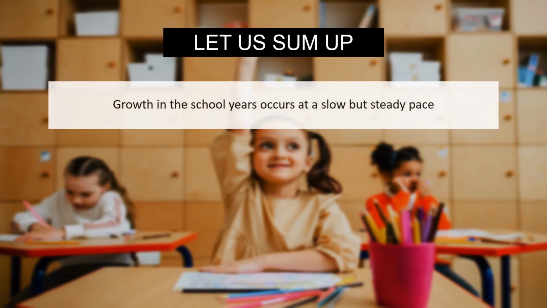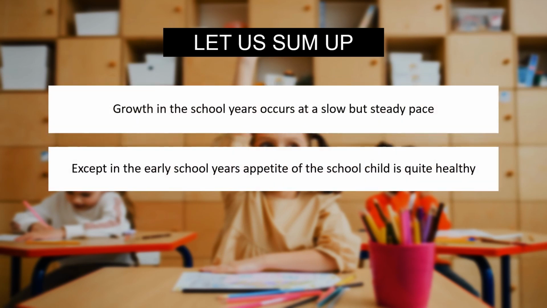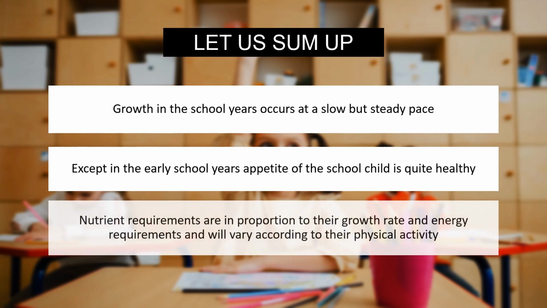The last slide, let us sum up. The growth in the school years occurs at a slow but steady pace. Except in the early school years, the appetite of the school child is quite healthy. The nutrient needs are in proportion to their growth rate and energy requirements, which will vary according to their physical activity.